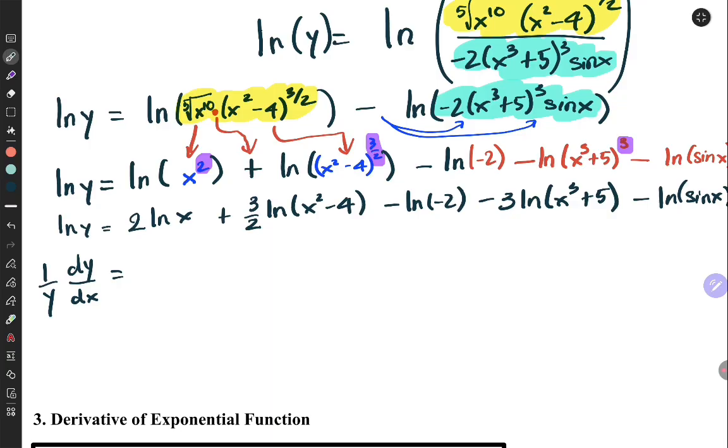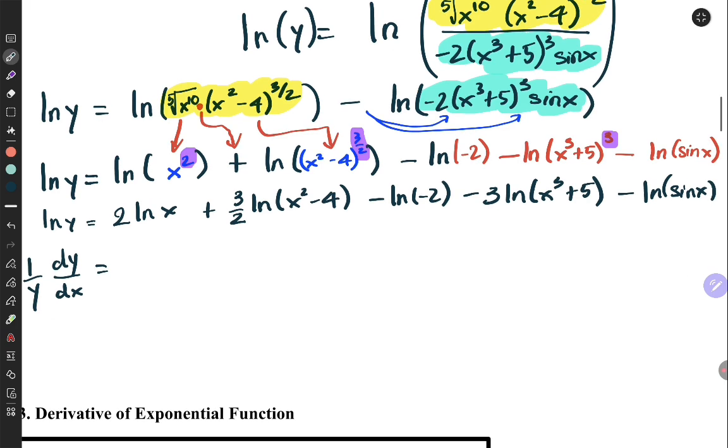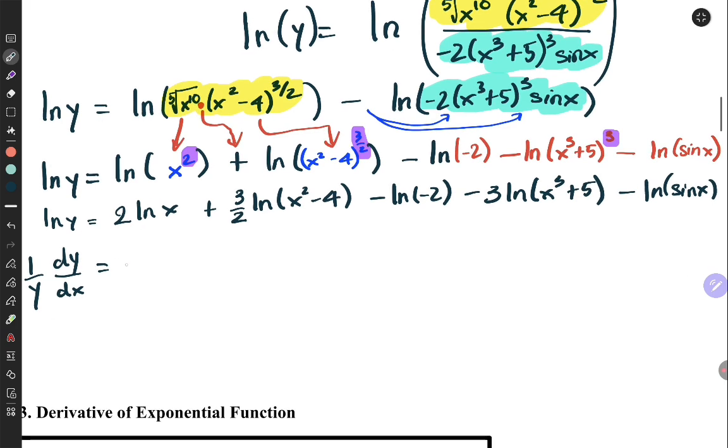Okay, one term at a time. Give it to me, anyone? Okay, first term: 2 over x. Second term: 2x over x squared minus 4.